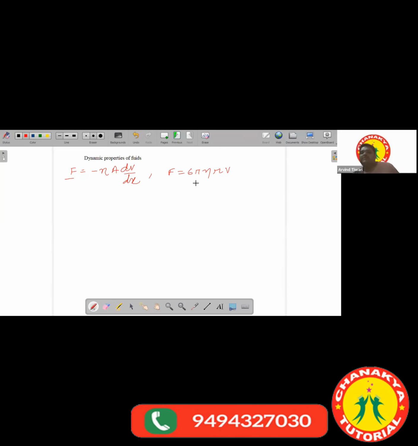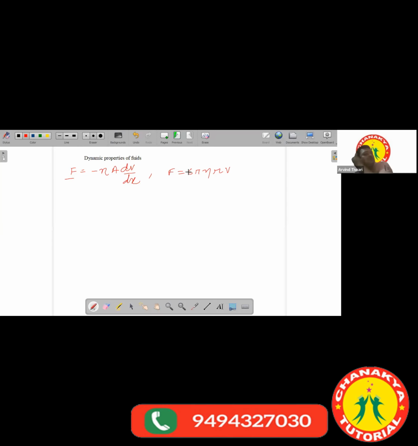If a substance is moving through a fluid, it will experience a backward dragging force. If it's not moving, then there is no backward dragging. It will also be proportional to the size of the object. Hence, we have the radius.